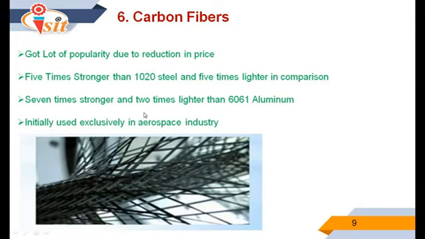So likewise we can compare carbon fiber with aluminum also. These are the metal comparisons. We are comparing this fiber with the metal, and these fibers are exclusively used in the aerospace industries, as I have already mentioned.